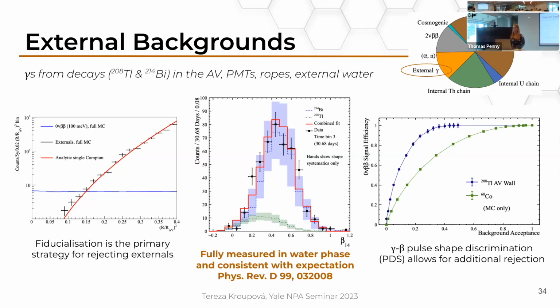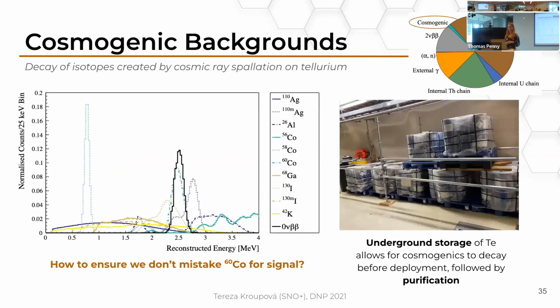Finally, we can also do gamma-beta pulse shape discrimination to some extent in the current scintillator and the tellurium loaded scintillator, as is shown here, where in blue are thallium-208 events from the acrylic vessel itself, and how that can be rejected as a function of the signal. I will talk about this method in a second.